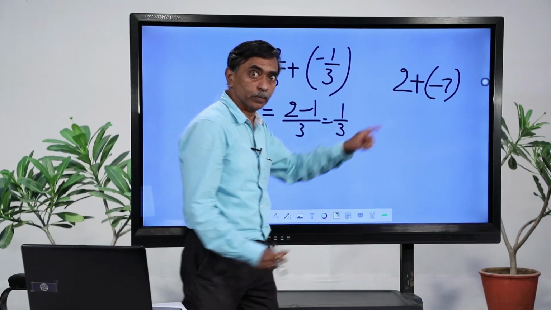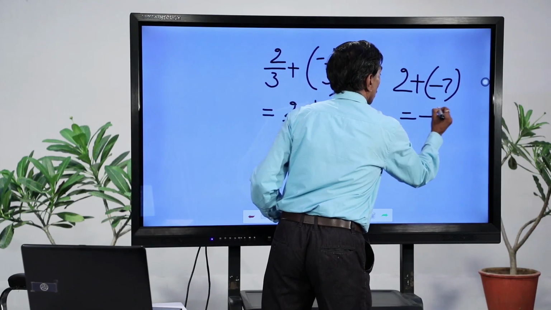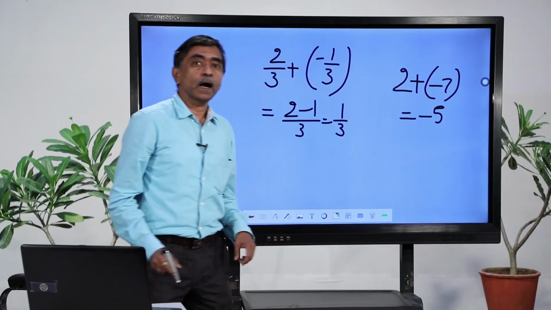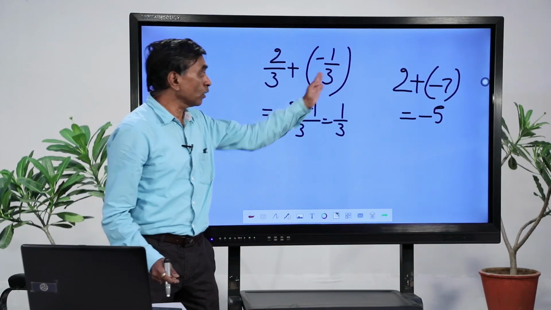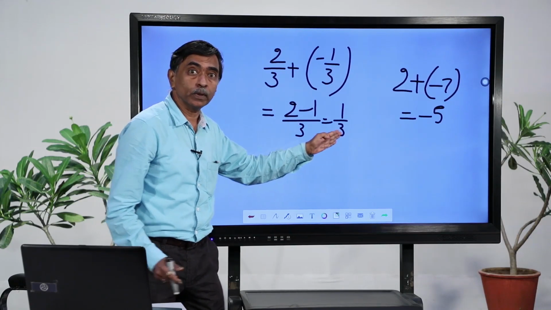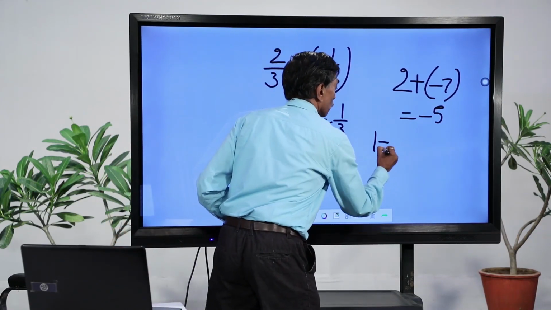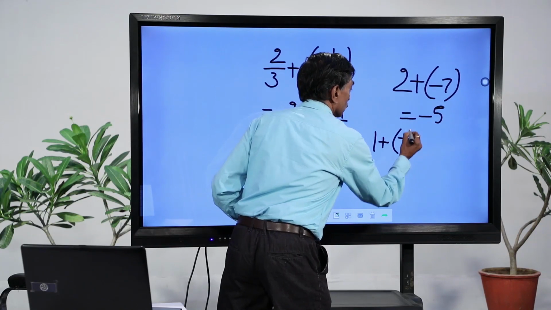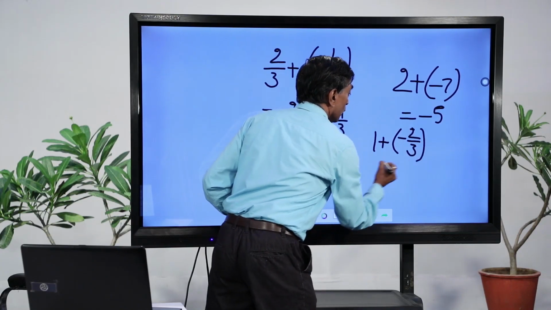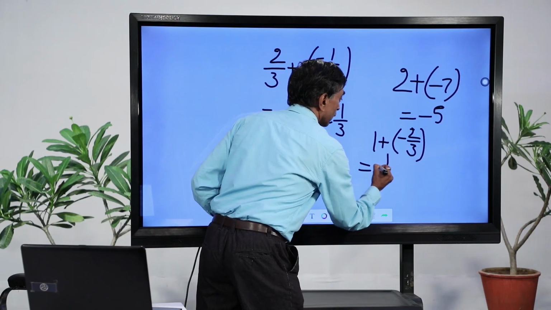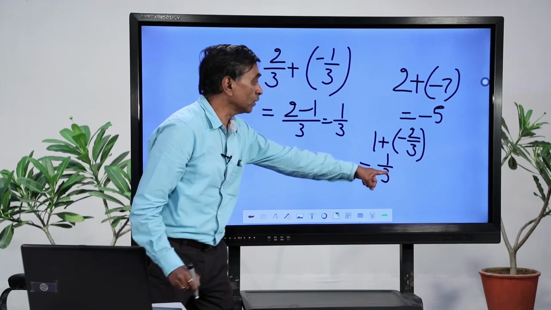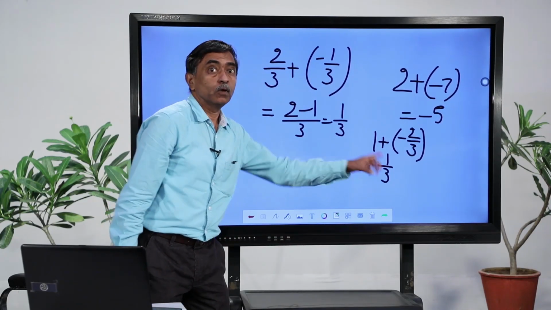When I add them, I again get a rational number. If I add 1 plus minus 2 by 3, I again get a rational number.